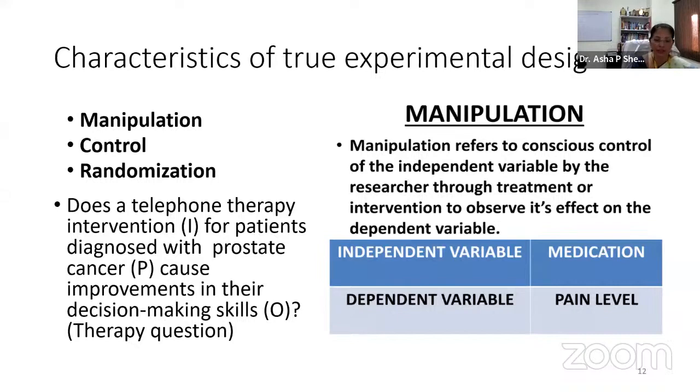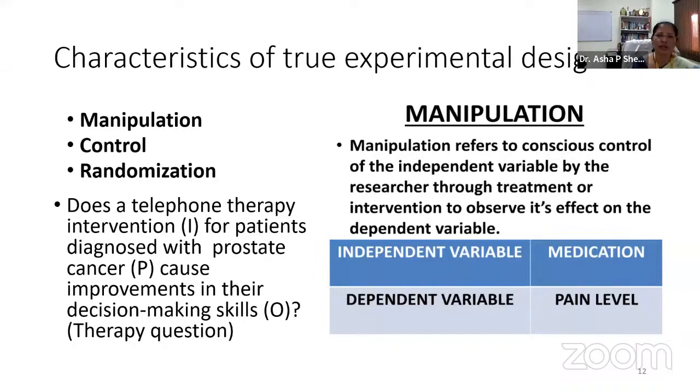We can also ask under what condition this intervention has to be given. So these are some of the questions that we have to be very clear about when we are manipulating the intervention between the participants.